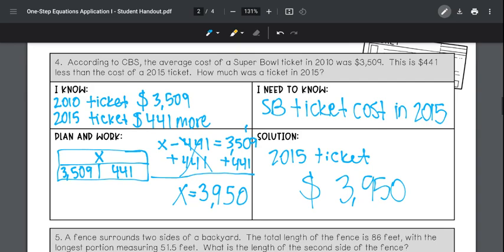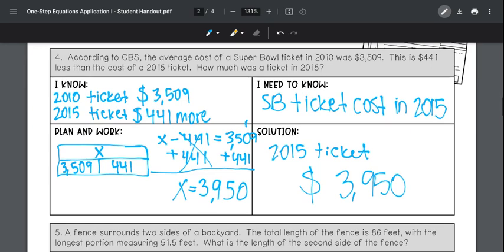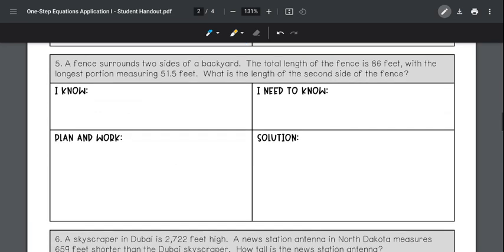All right, go ahead and pause if you need time to write this down. Number 5, a fence surrounds 2 sides of a backyard. The total length of the fence is 86 feet. So total fence, 86 feet.